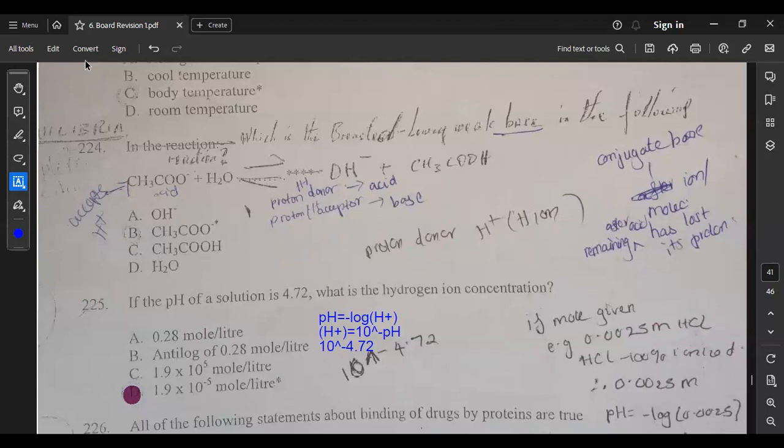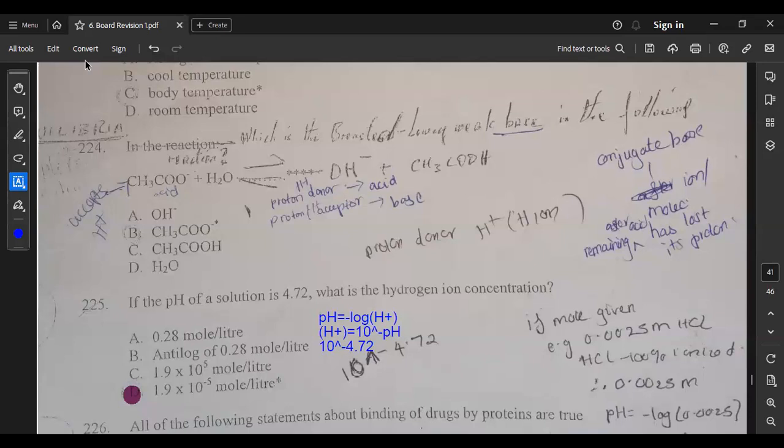Asmahan, do you mind telling us? Lewis acid forms a covalent bond by accepting an electron pair from another species.